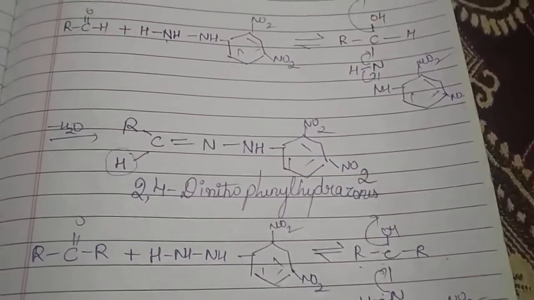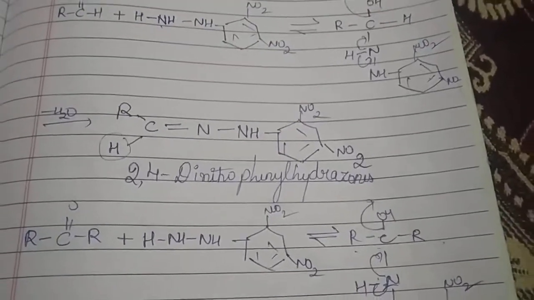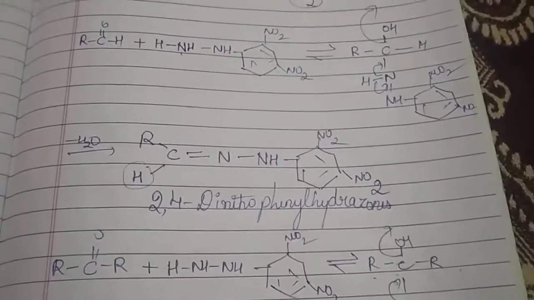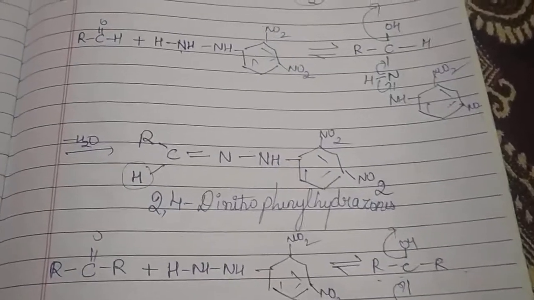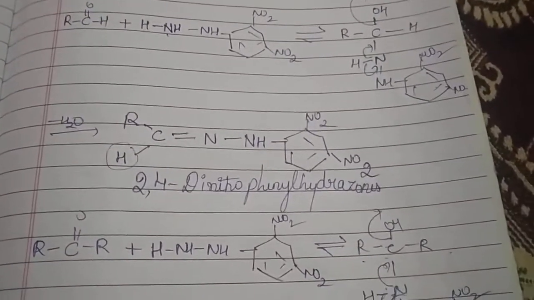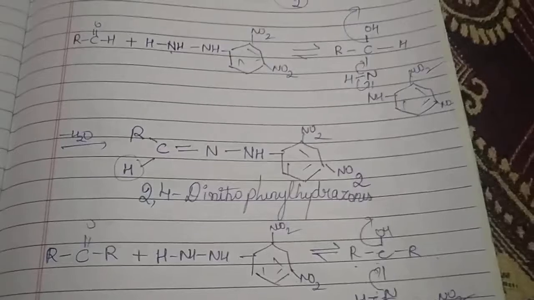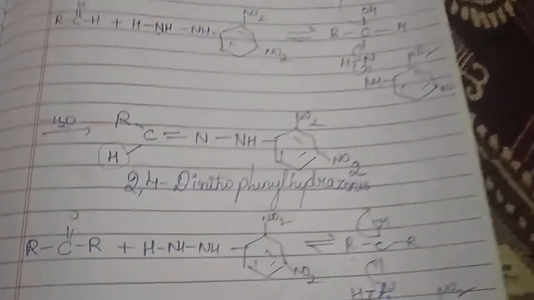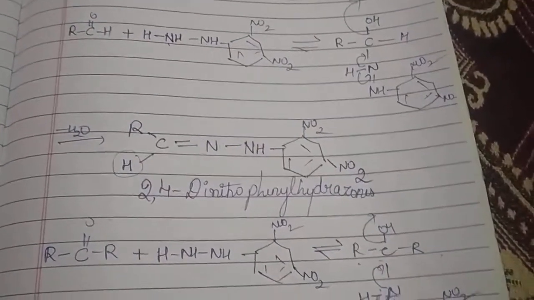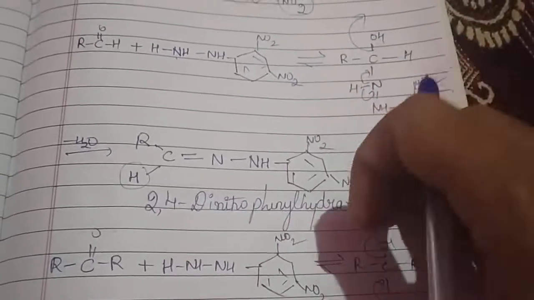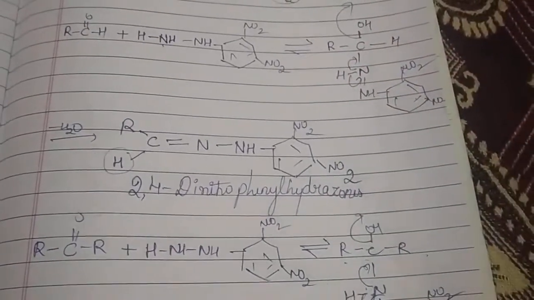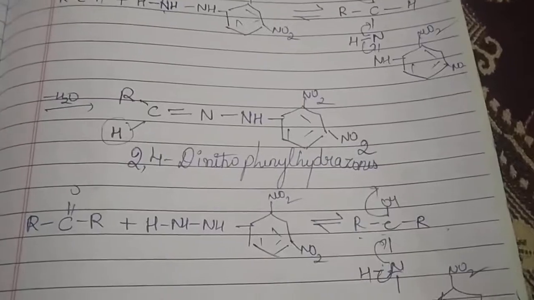So by the appearance of the color, which can be used as an observation, it can be said that the compound given to you was a carbonyl compound. Is that clear? That is the reason I mentioned that this test can be used for the identification of your carbonyl groups.